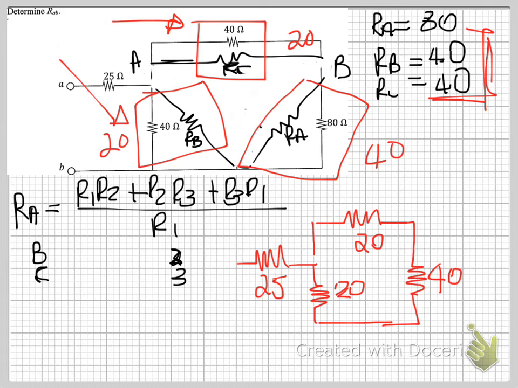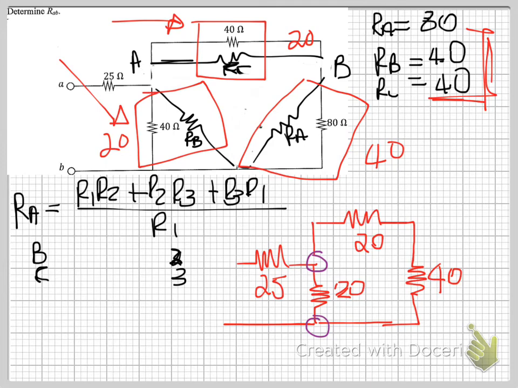So now we can see that we are finding the equivalent of here, right? So remember, the circuit is going to be focused between this node and this node, right?